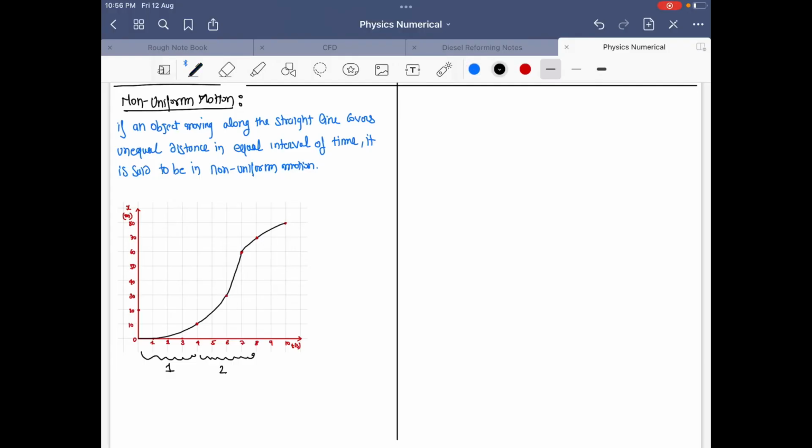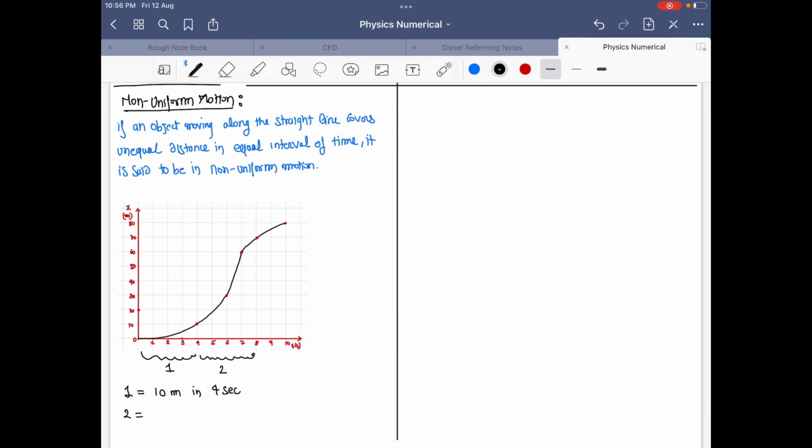Now let's see how much distance the object is covering in each interval. For the first interval, you will see the object started from 0 and then reached 10 meters. The distance covered by the object is 10 meter in how many seconds? 4 seconds.